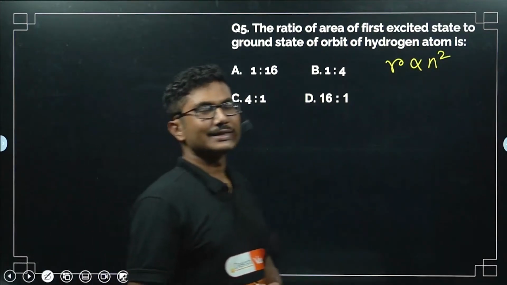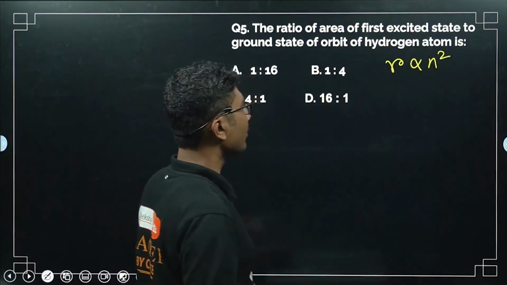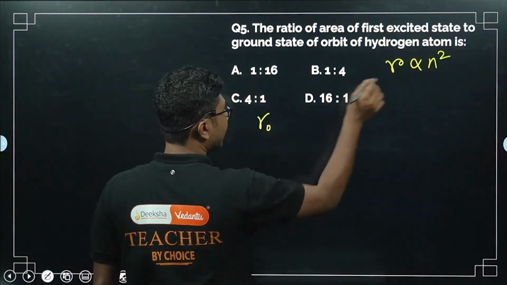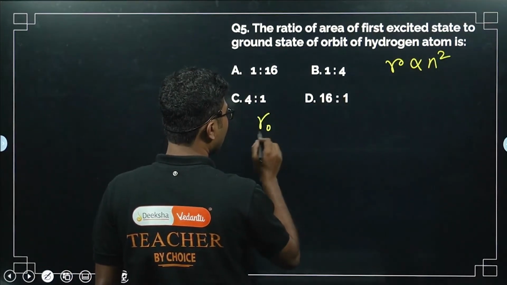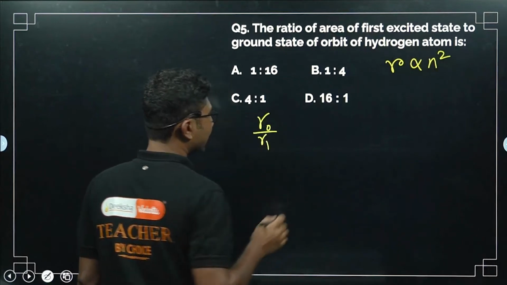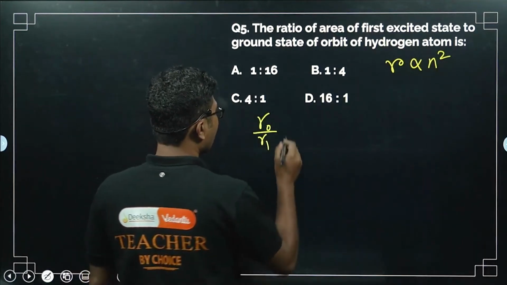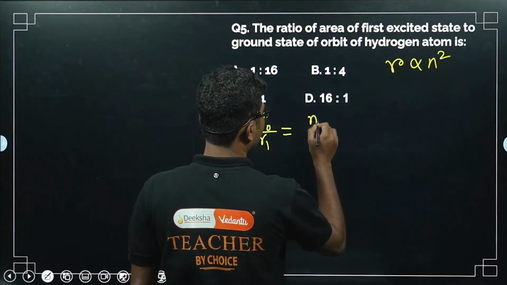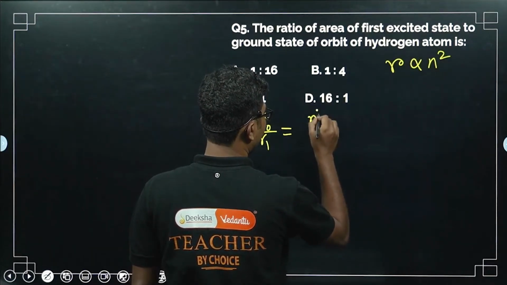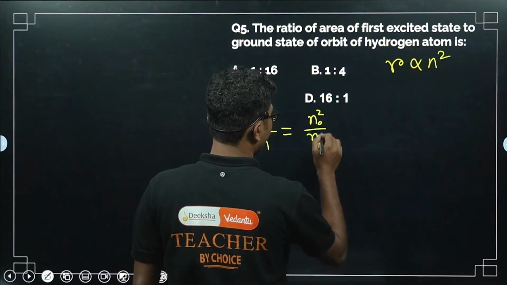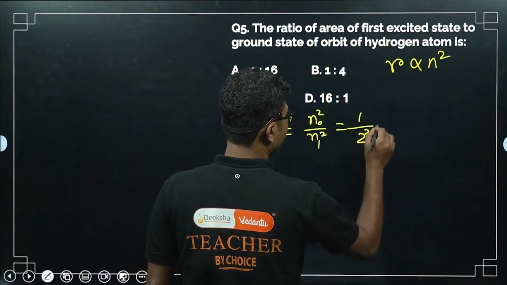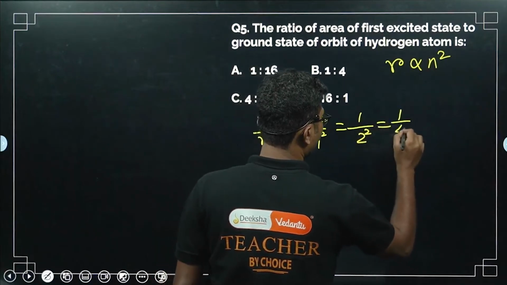For ground state, quantum number is 1, right? And first excited state, say r1, we can write this as n0 square by n1 square, right? Now n0 is 1, n1 is 2, so it is 2 square, this is 1 by 4, right?